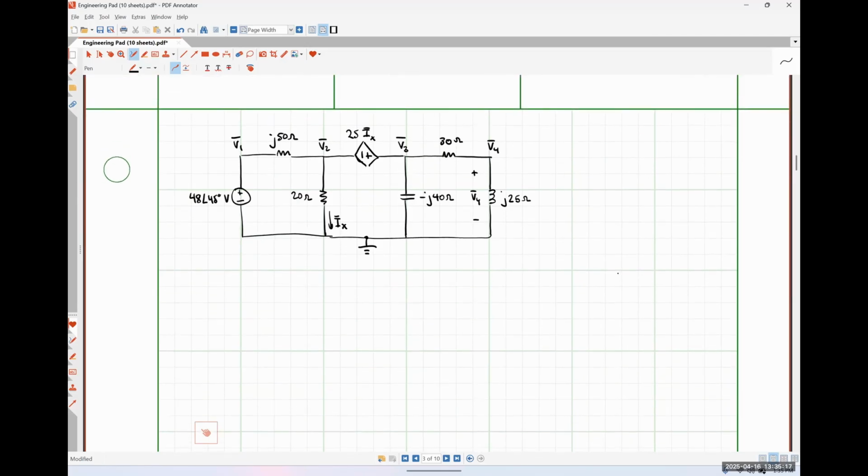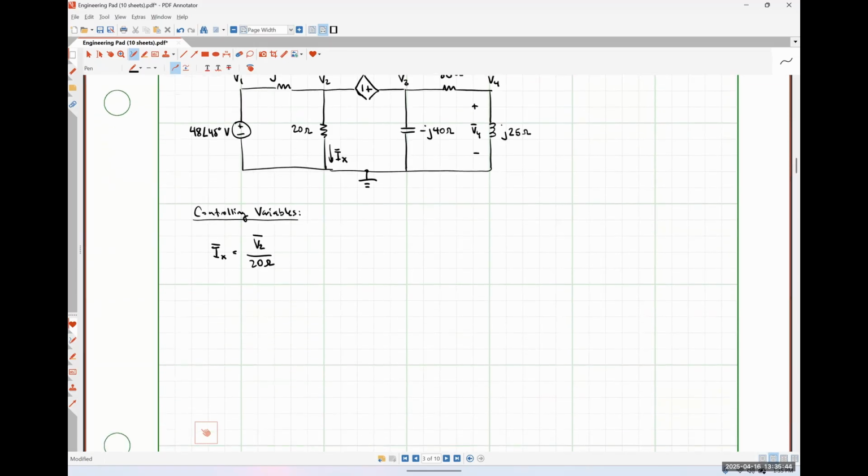So running through my nodal analysis process, I typically start with my controlling variable relationships first. So how am I going to express that current Ix in terms of my nodal voltages? V2 over 20. Thank you very much, Kaylee.